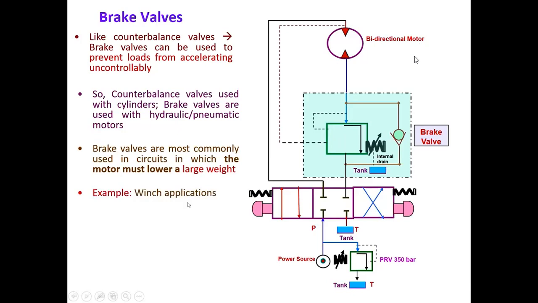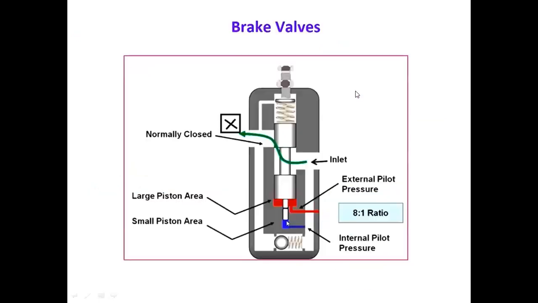This is a bidirectional hydraulic motor. This is the brake valve. It is mostly used where the motor must lower a large weight, in winch applications. We can see this is the brake valve. Here, the inlet is normally closed.